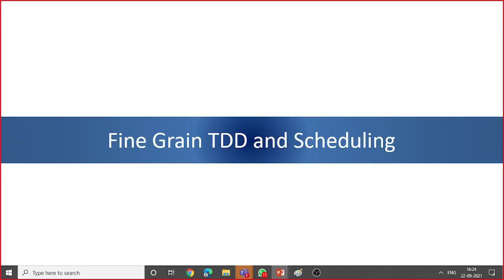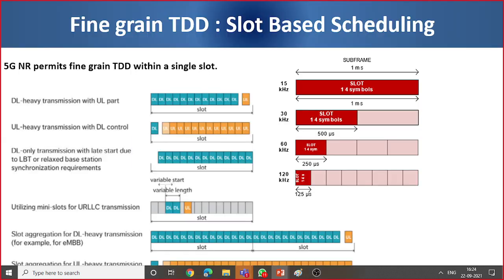Okay, let's look at how scheduling happens and what the different ways are. 5G new radio is supposed to be very flexible. In 4G, allocation of resources was fixed. There was certain criteria for how it would be allocated, how many resources would be allocated.